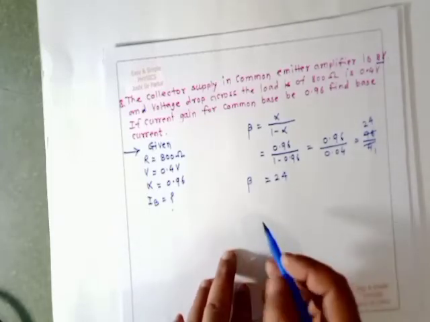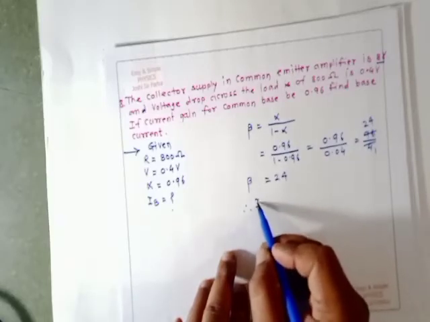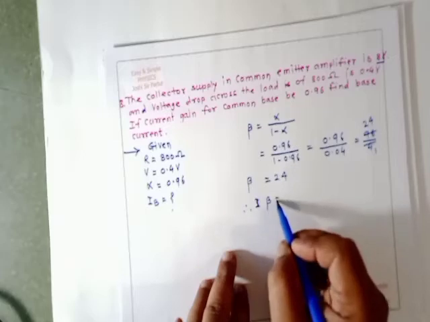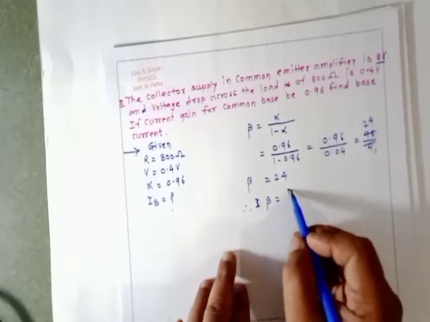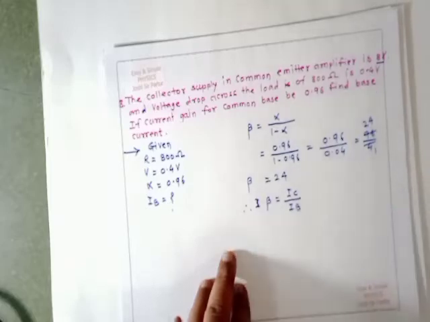We can use the formula beta is equal to collector current upon base current. We want to find the base current.